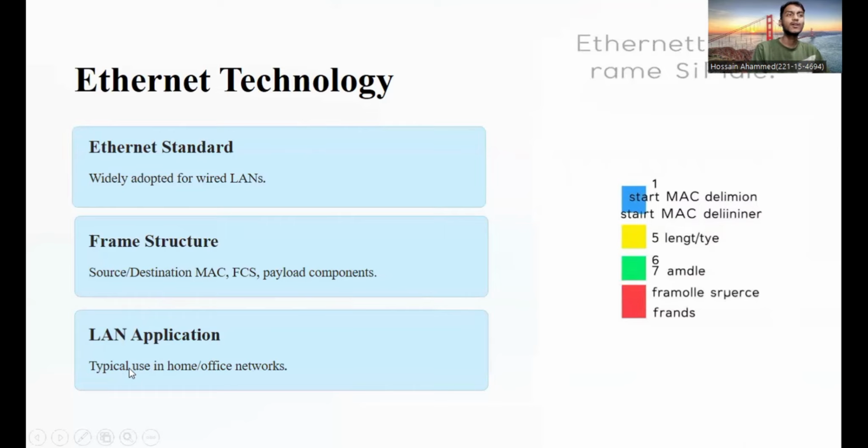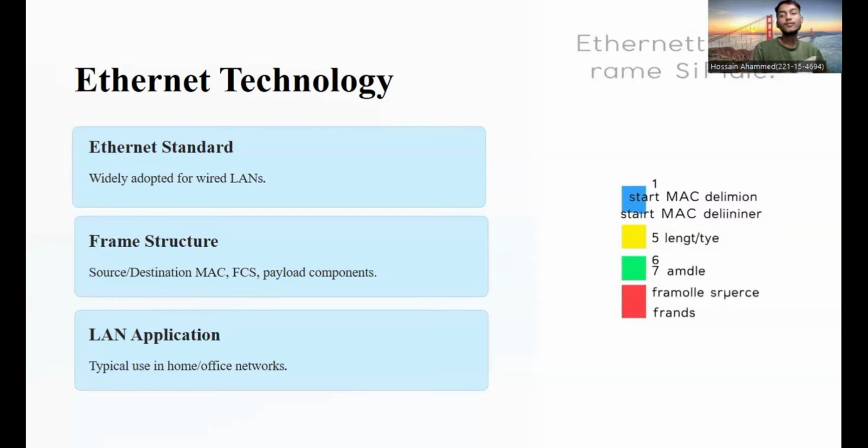Ethernet technology. What is Ethernet technology? Ethernet is a widely used protocol in local area networks, in short called LANs. Its frame structure includes the source and destination MAC addresses.